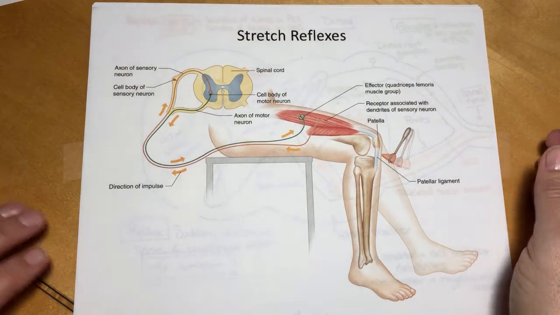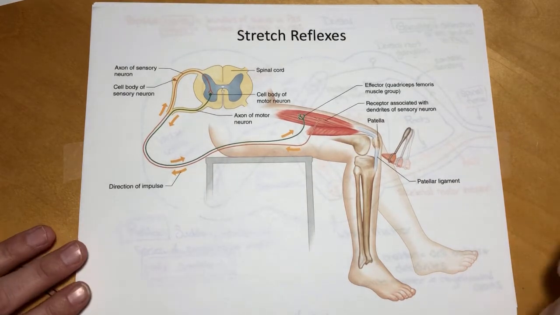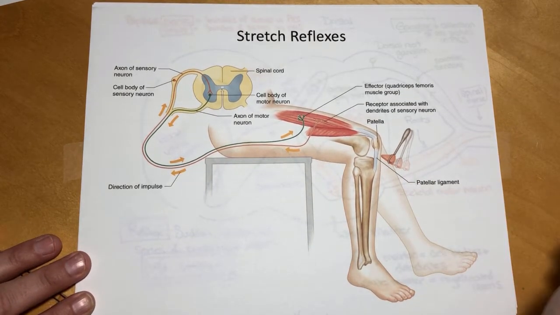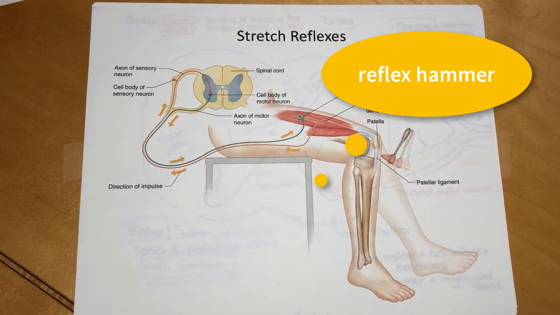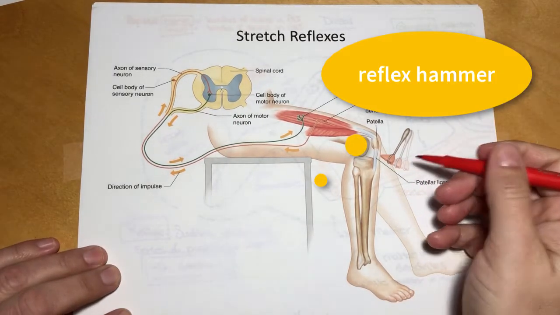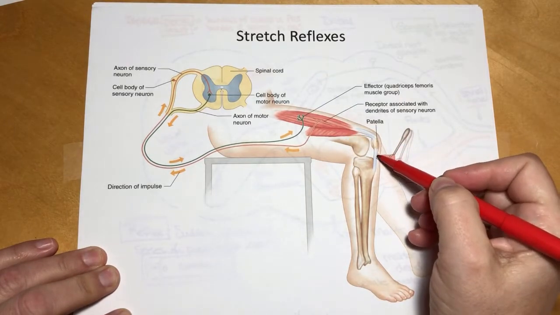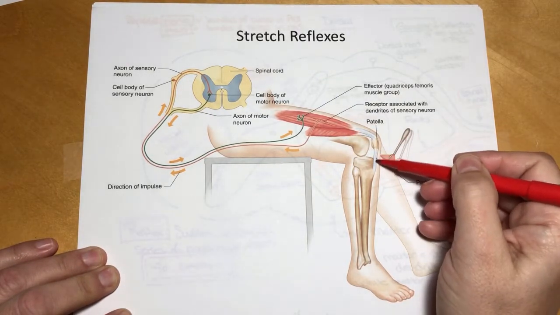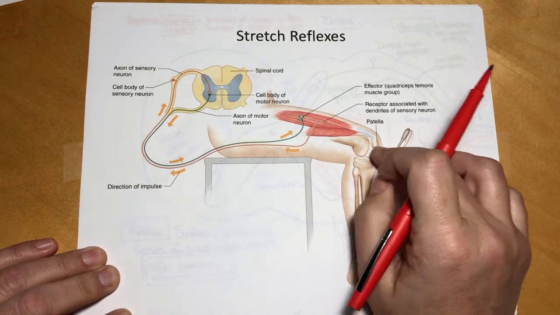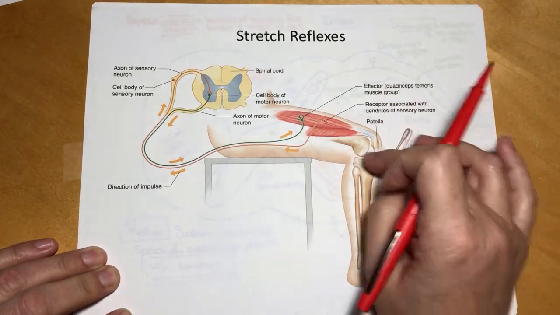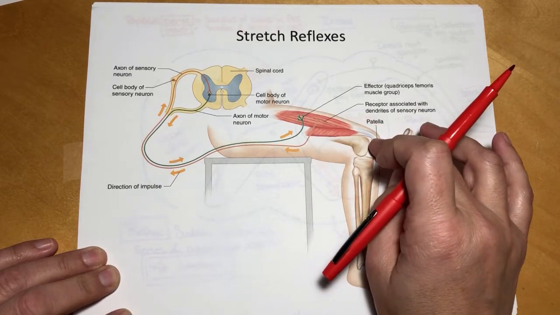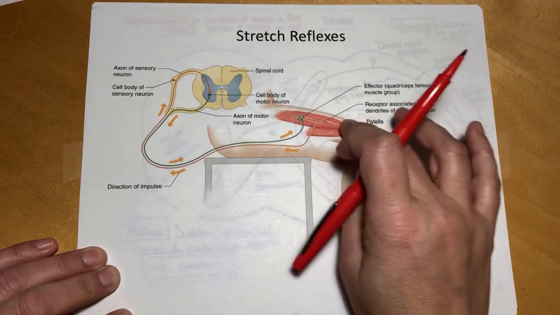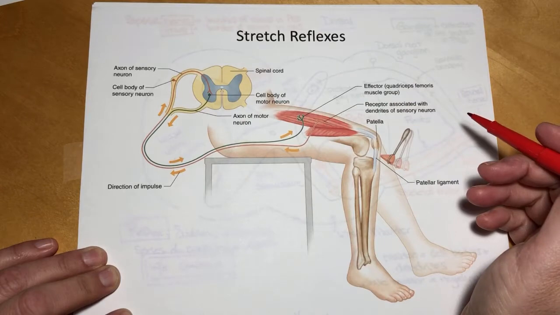The one most people are familiar with is the stretch reflex. This is the thing that happens when you go to the doctor and they whack your knee with the little hammer thing, which I think has a more medically appropriate term. When they hit it, they're actually hitting the patellar ligament. That causes the patellar ligament to push in a little and pull down on the patella and stretch the tendon that is attached to the rectus femoris.